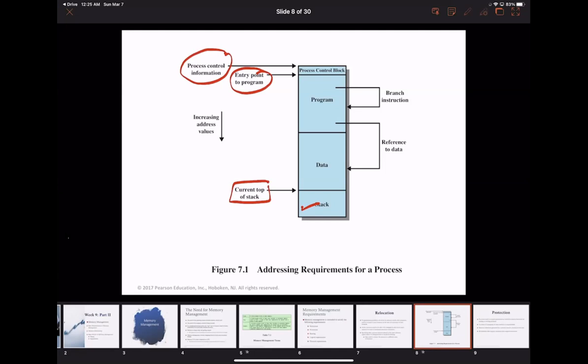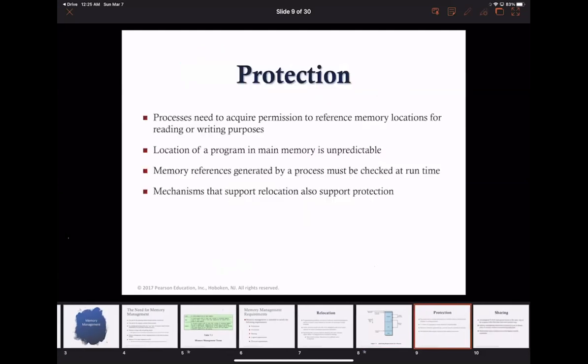The second requirement for memory management is protection. Each process should be protected against unwanted interference by other processes, whether these interferences are accidental or even intentional. That means programs in other processes should not be able to reference memory locations in a process for reading or writing purposes without permission.